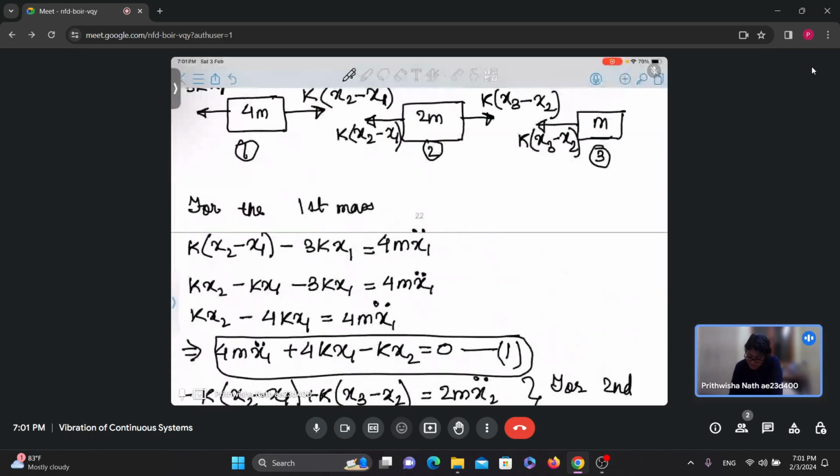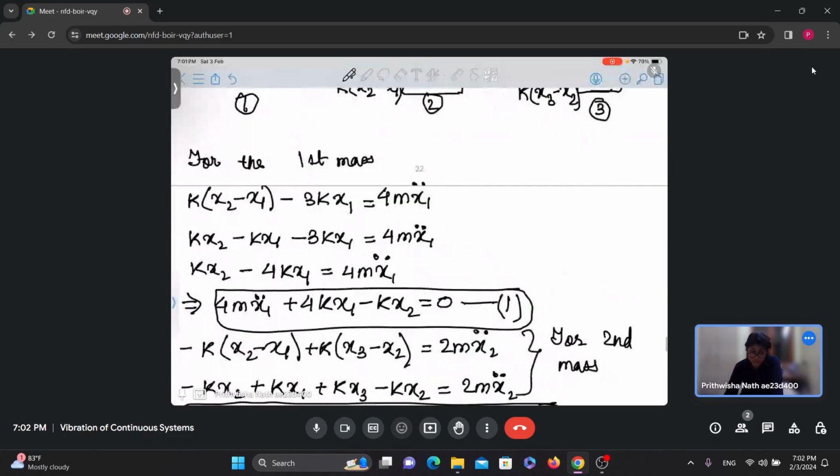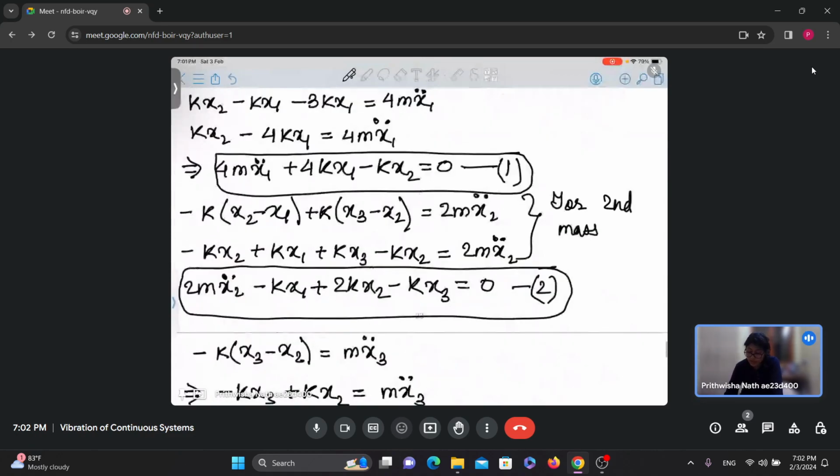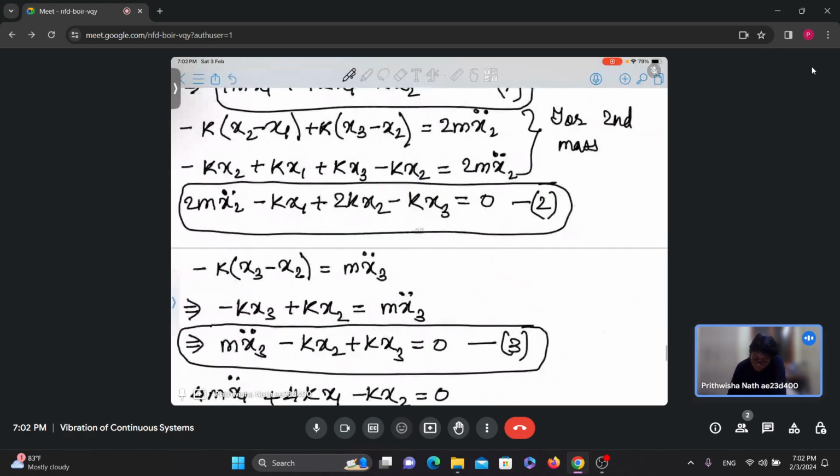Now rearranging it, we finally get 2m x2 double dot minus of (kx1 plus 2kx2 minus kx3) equals 0. So this was for the second mass.